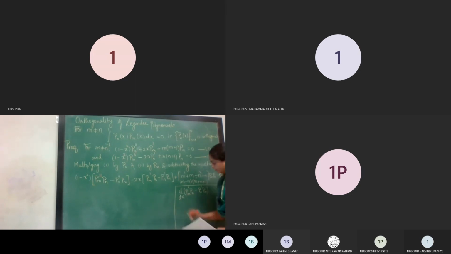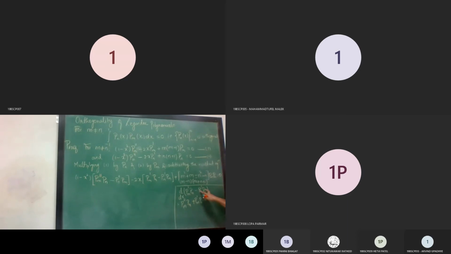Applying the multiplication rule, once I consider the derivative of this, I have to consider the derivative of Pm dash, so its derivative I will denote with double dash into Pn as it is, plus let me consider Pm dash as it is, and the derivative of Pn that I will denote with Pn dash, minus, now let us consider the derivative of this with respect to x.